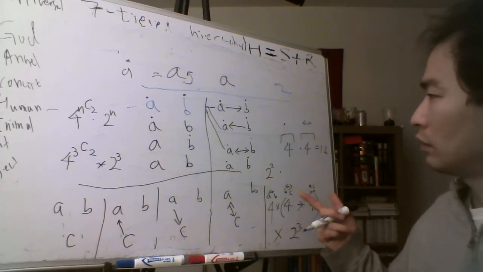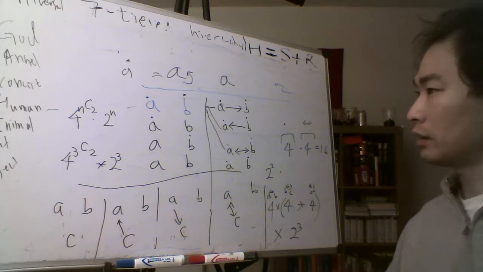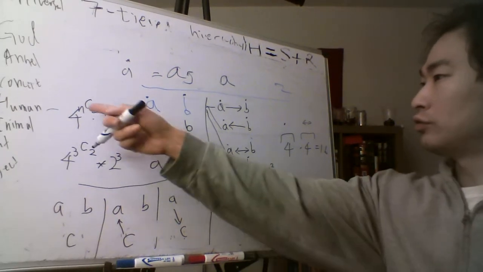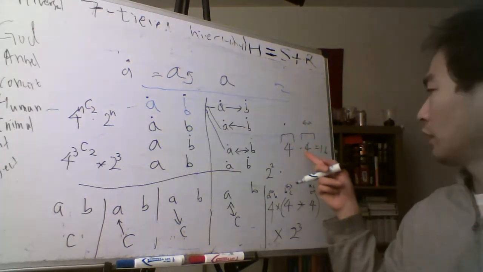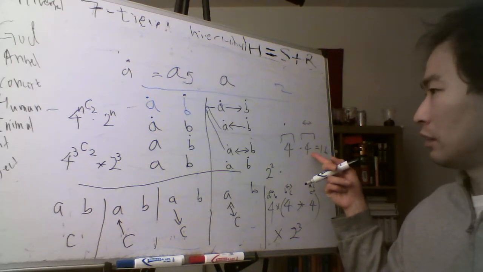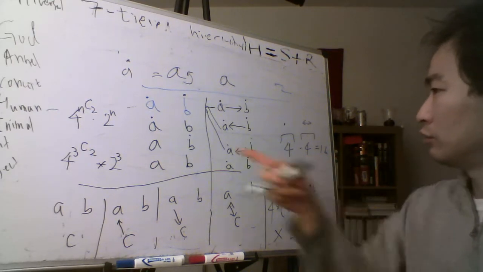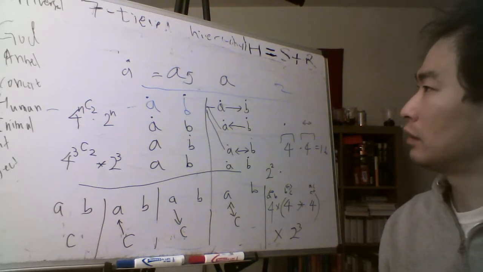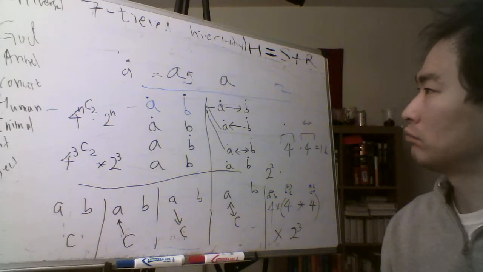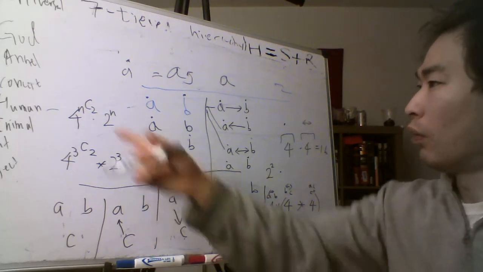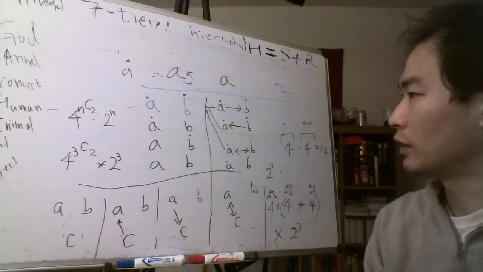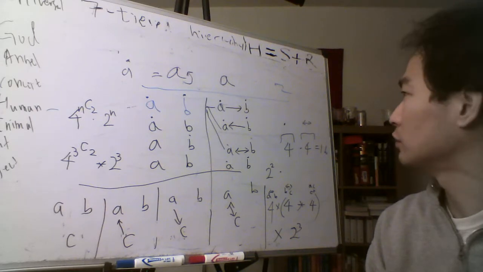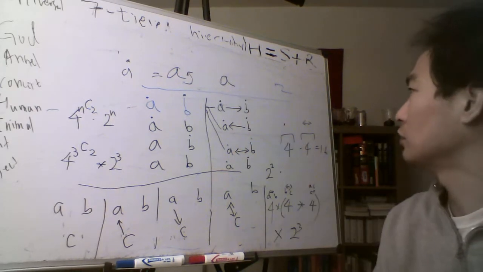Here n is equal to 2, okay? So 4 to the 2 C 2, 4 to the first, and 2 to the 2. So yeah, we got it, okay? And 1 C 2, well, we don't quite define 1 C 2 because 2 is more than 1, right? So here we just write it as 2, okay?